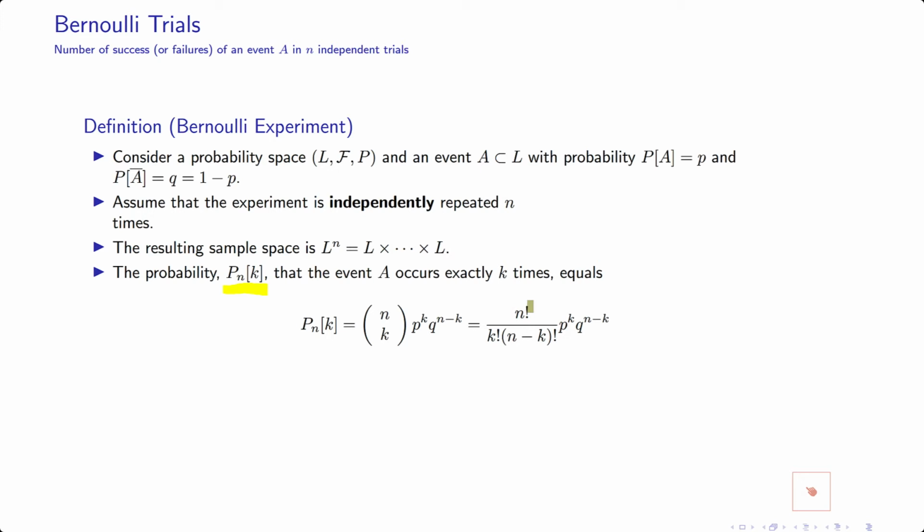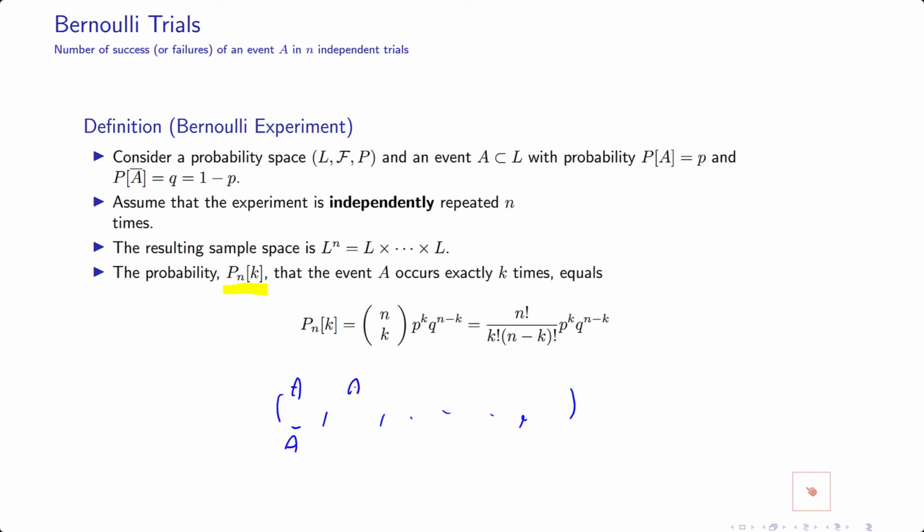This is because if you have n slots, like slot number 1, slot number 2, up to slot number n, here you have either A in the first place or you have A bar. So either you get A or you get A bar.